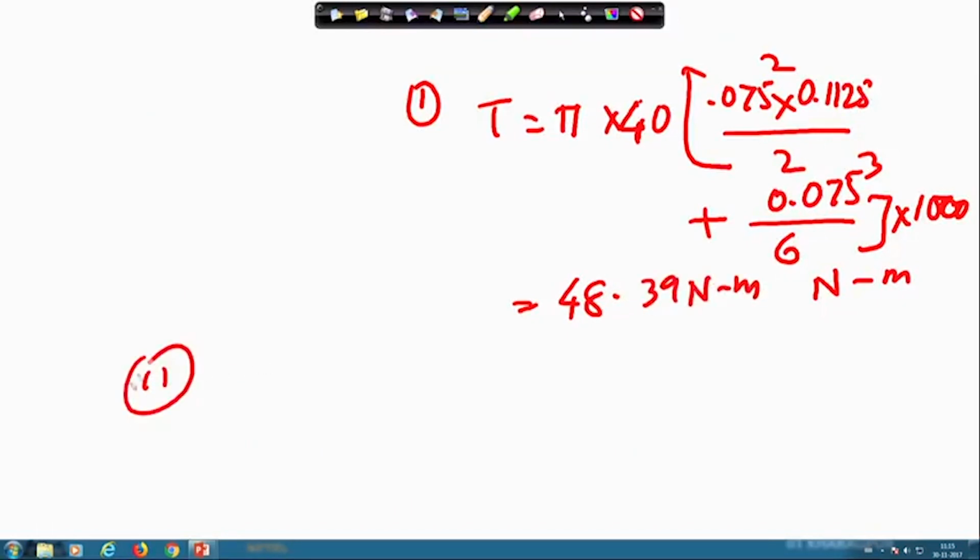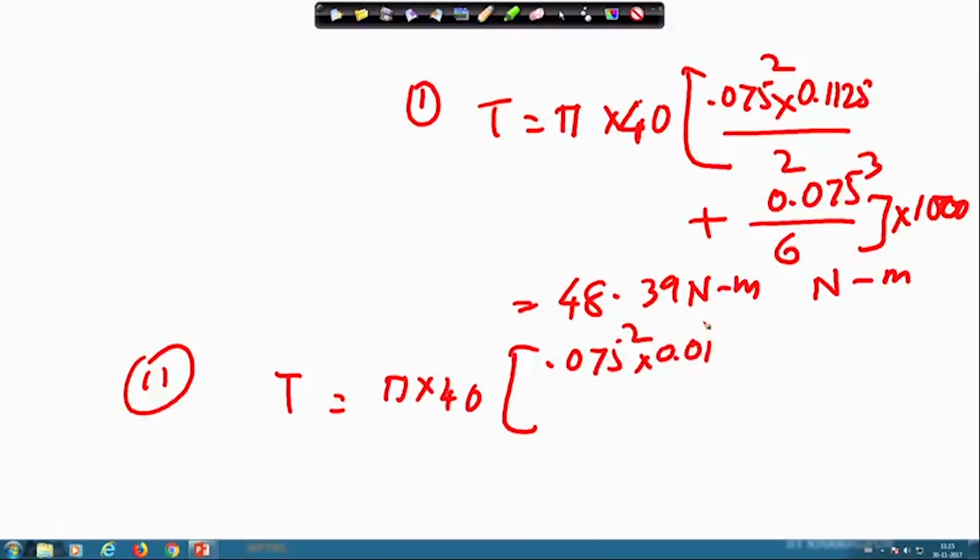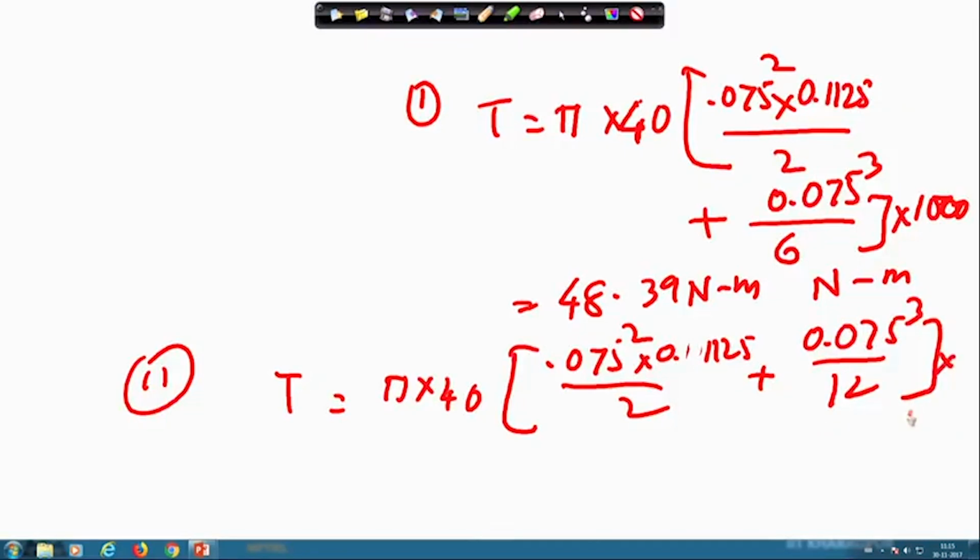For the second case, T equals pi into 40 into 0.075 square into 0.1125 by 2 plus 0.075 cube by 12, into 1000, which gives you 44.2 Newton meter.